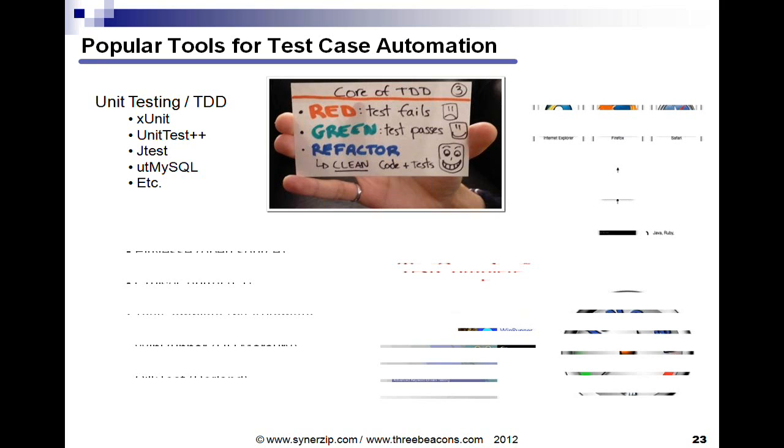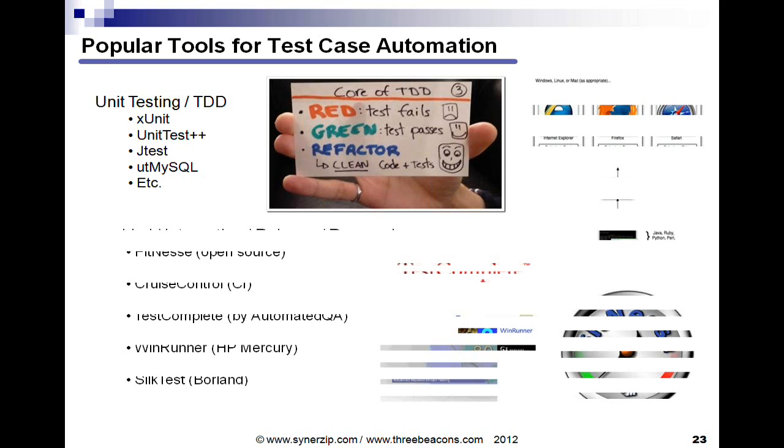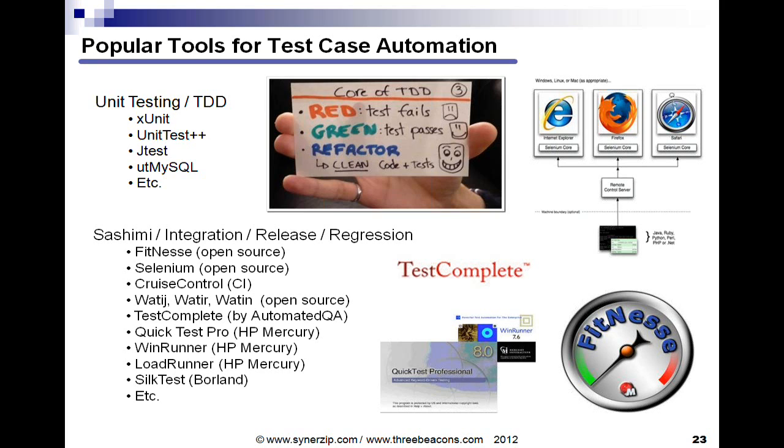Now, for the QA person, there are several open source options such as FitNesse and Selenium. CruiseControl is a popular tool for doing continuous integration. There's Watir, Watij. I've actually used Watir, and it's really good.